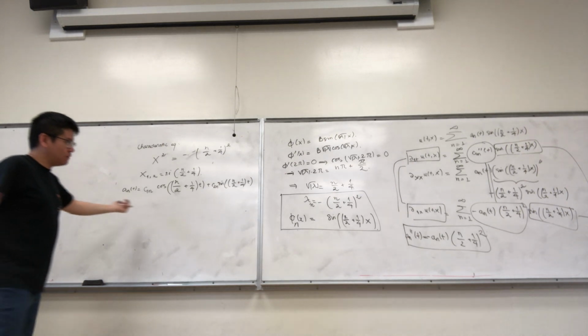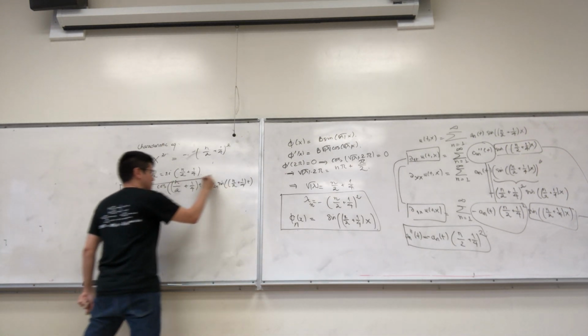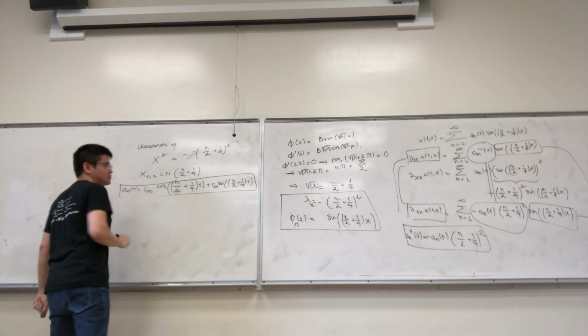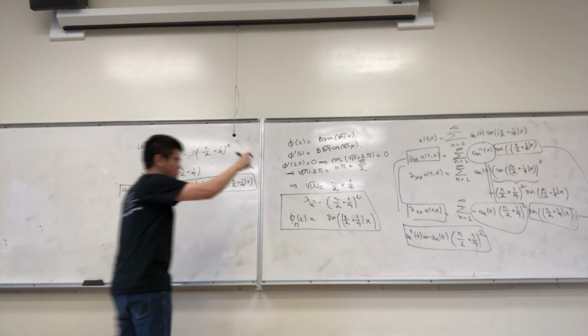Right, so now I have the a_n formula. I'm going to plug it back into the form of u over there.